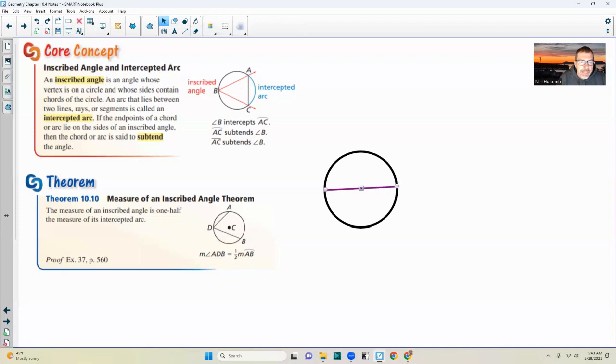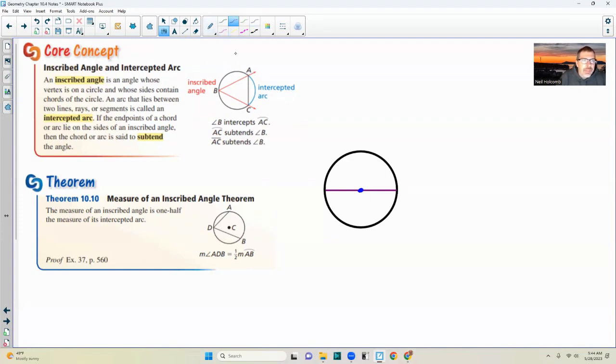Let me just make this flat. Okay, let me put a dot right here. So there's the center of the circle. So the measure of an inscribed angle is 1/2 of its intercepted arc. So this is a diameter.